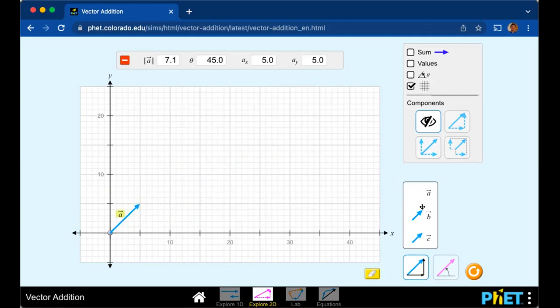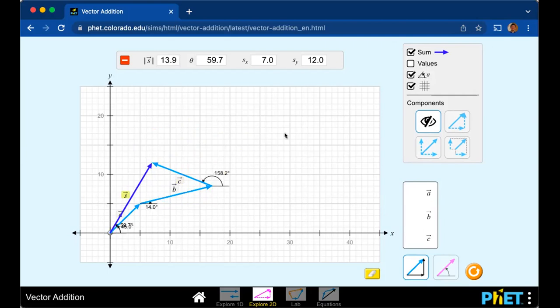So let's say vector A, you have another vector B, and let's put some angle. And you have vector C. The angle is opposite, so let's say this is your vector C. The sum or the resultant is from the origin to the tip. Oh, it will already give you the answer.